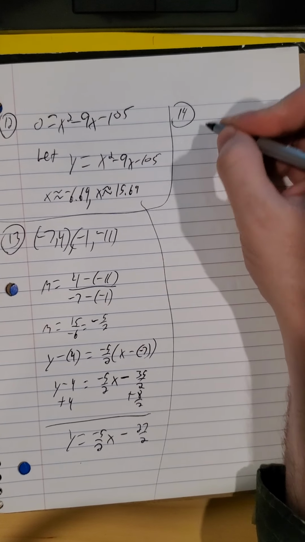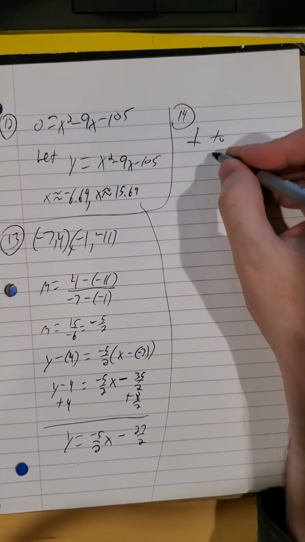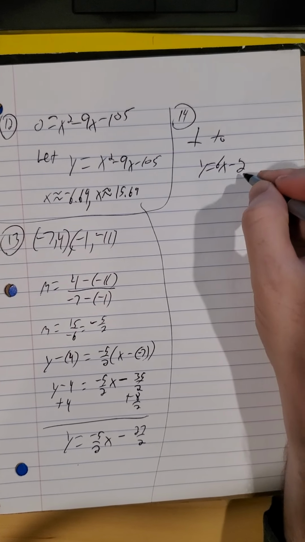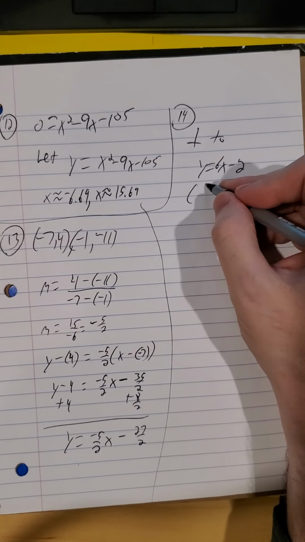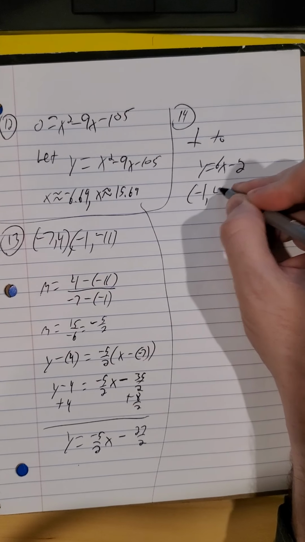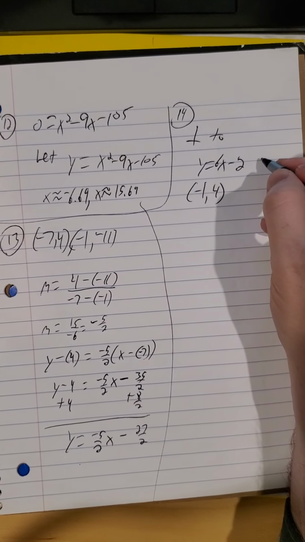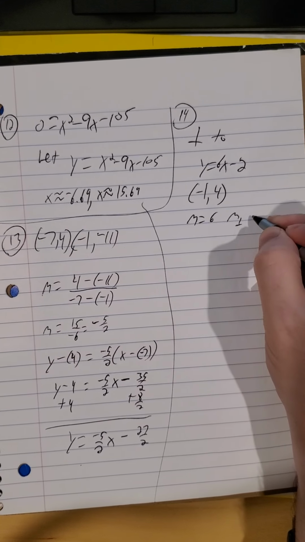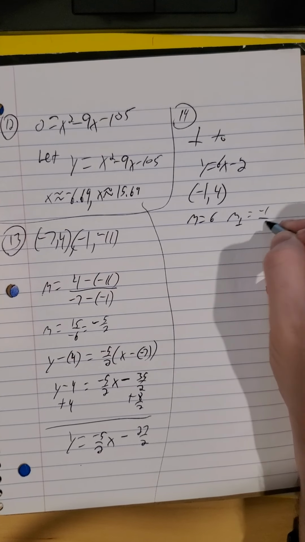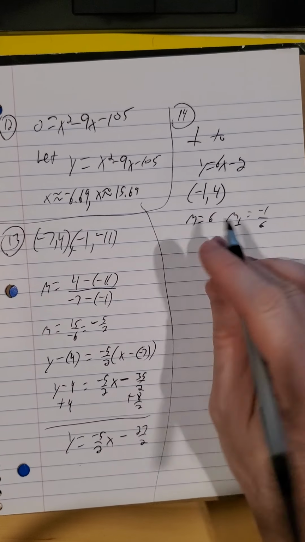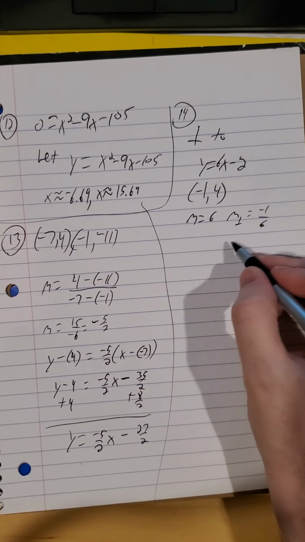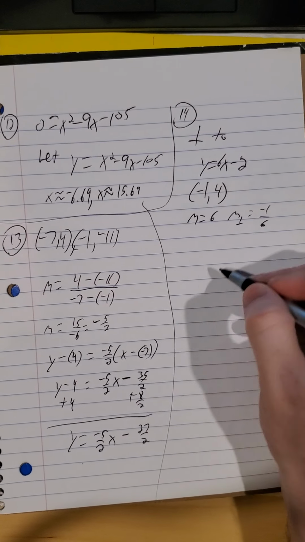14, we wanted perpendicular to y is 6x minus 2 and containing the point (-1, 4). So the given slope was 6, perpendicular slope negative 1/6. That way the product of the slope and its reciprocal is negative 1. After that, it's the same problem we did there.